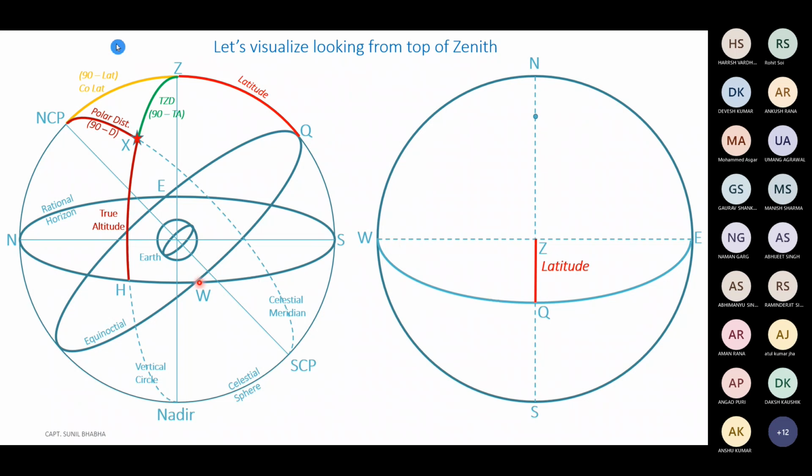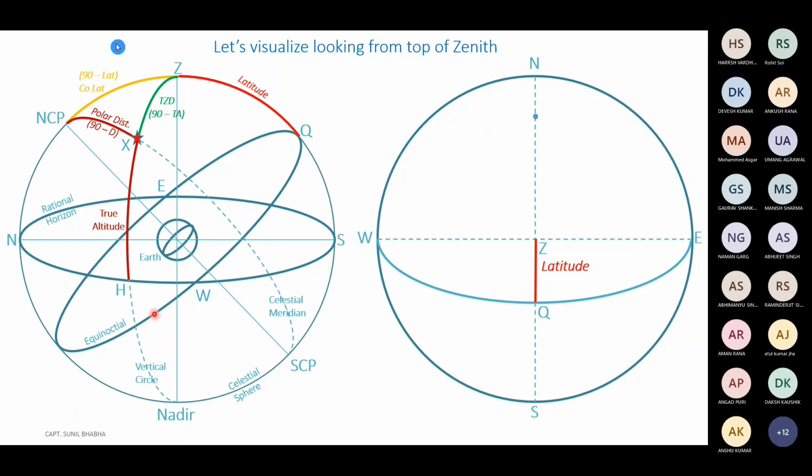This WQE you can see here in the celestial sphere diagram. This is point W going up to point Q, going up to point E. Only this part of the rational horizon will be visible to you.